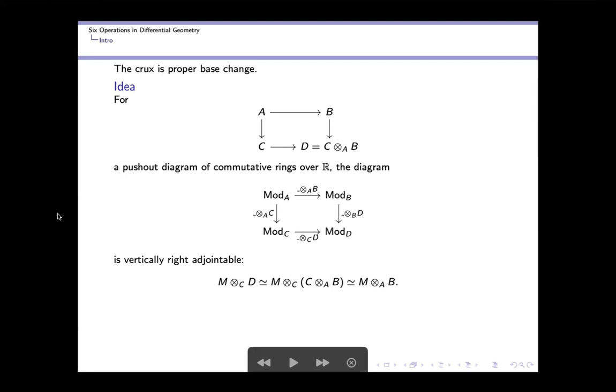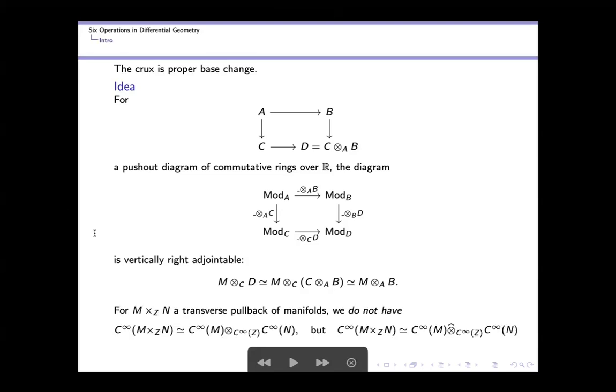So the basic problem, if you want to do this in differential geometry, is that this fails to work for ordinary modules. It is not true that the pullback of manifolds corresponds to the push out of commutative algebras.